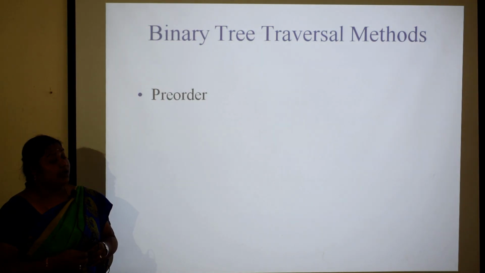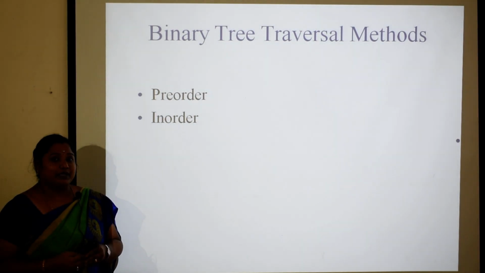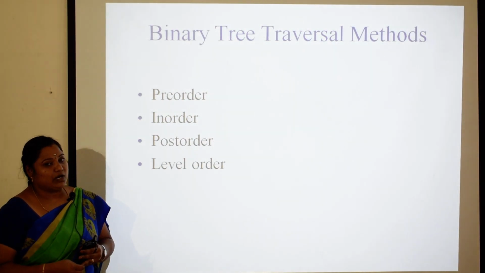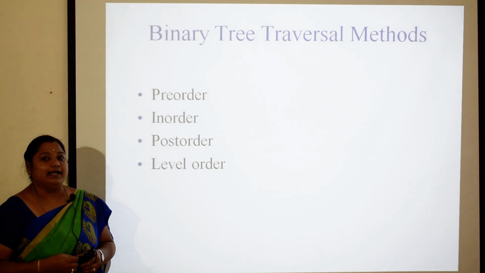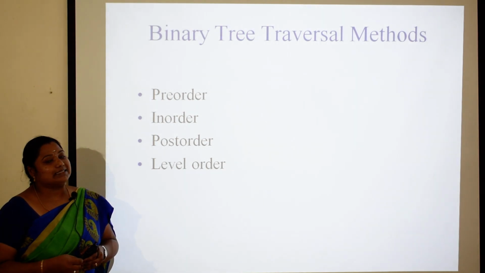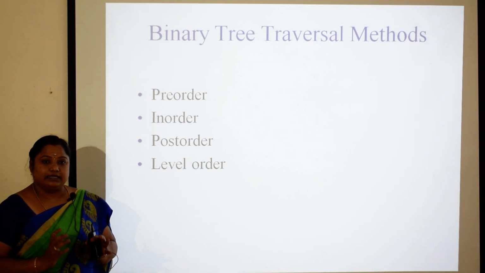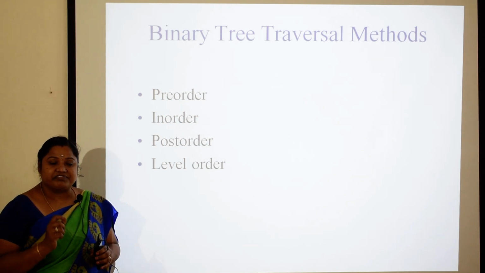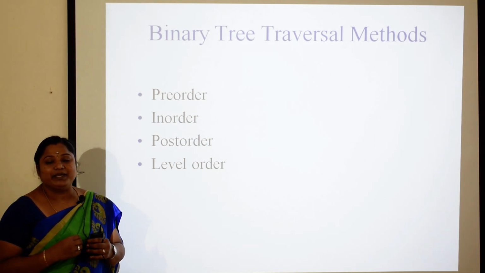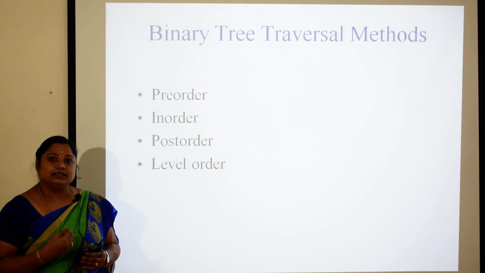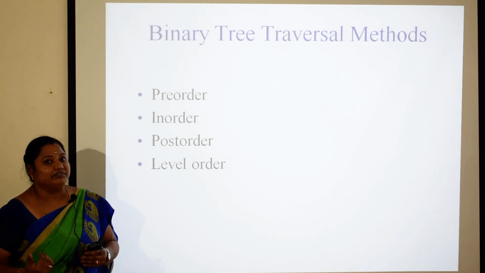There are 4 types of methods in tree traversal: pre-order, in-order, post-order and level order traversal. Pre-order traversal, as the name itself defines, means the first node, that is the root node, is placed first, and then it visits the left node and then the right node.